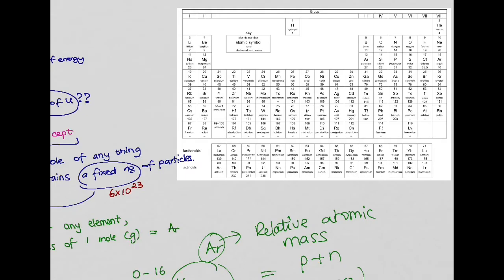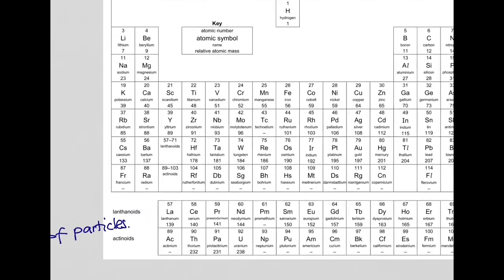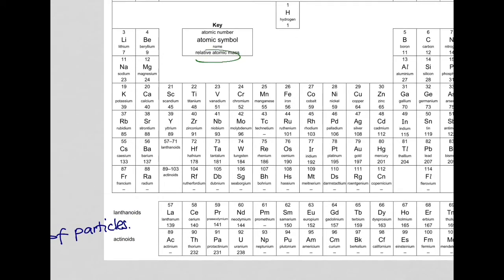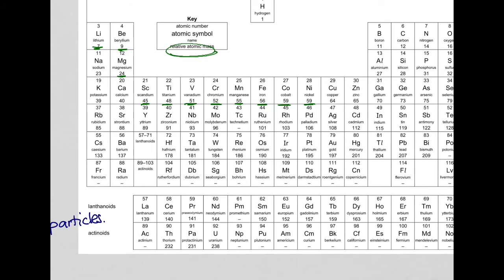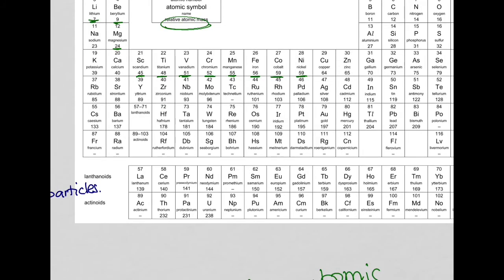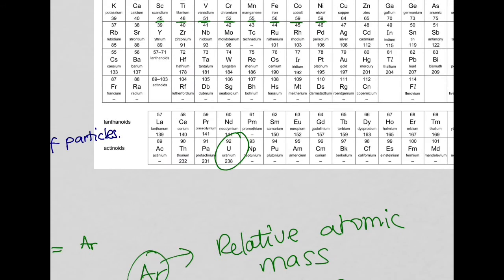So when we look at the periodic table, all these values, the relative atomic mass, tell you how many grams 1 mole of that particular element will weigh. So if we are going to analyze uranium, 1 mole of uranium will weigh 238 grams. So this is for 1 mole.